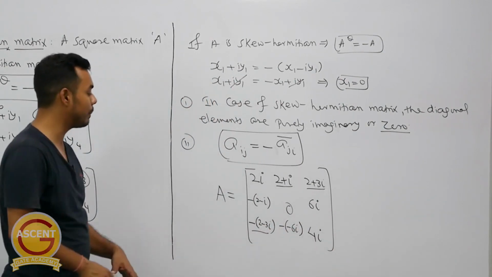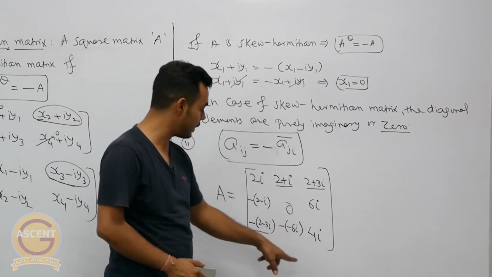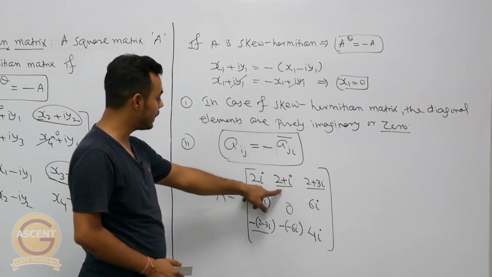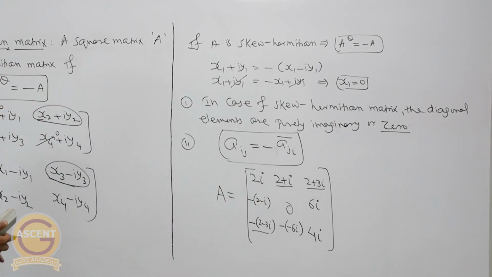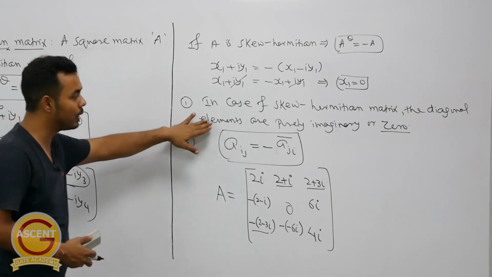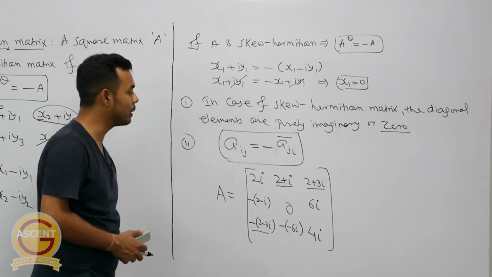So this is an example of a Skew-Hermitian matrix. All the diagonal elements are purely imaginary or 0, and Aij is negative conjugate of Aji. So these are two important points related with Skew-Hermitian matrix. The first, diagonal elements are always purely imaginary or 0. And the second one is the second definition of a Skew-Hermitian matrix.